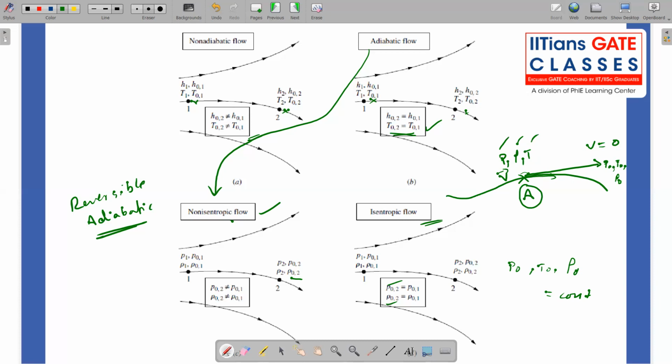So this can be a defined quantity. This is important.